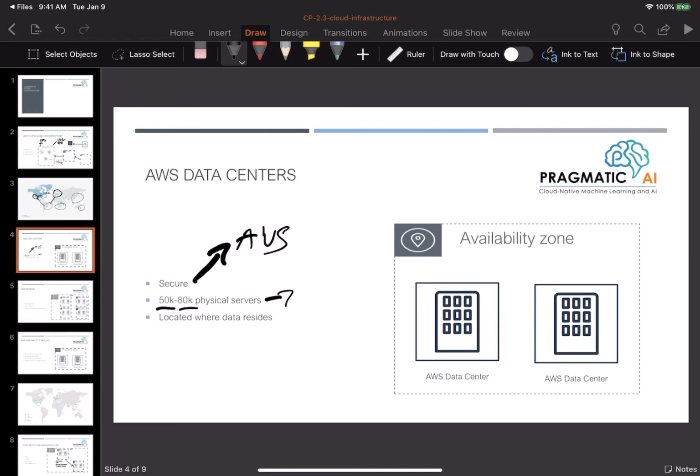And all the data centers are also online. There's no kind of off-site or cold data center. And all this is using very highly optimized AWS custom equipment. And you can see here that an availability zone, and we'll get into this later, has either one or more physical data centers in an availability zone.